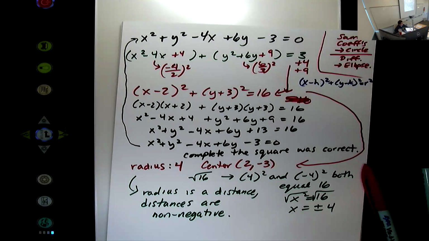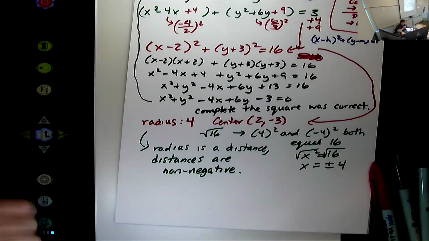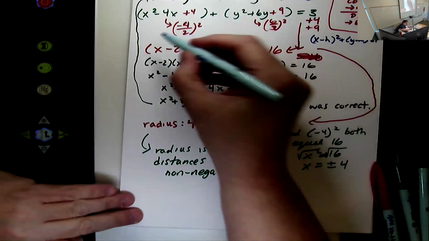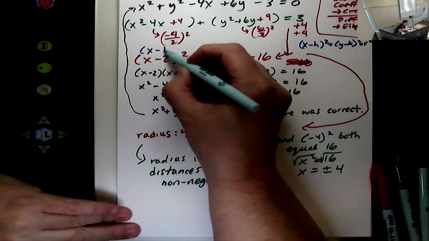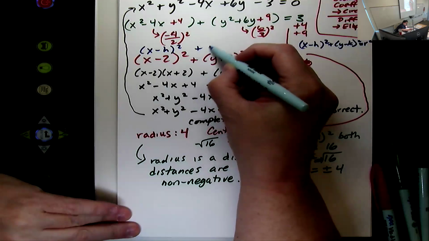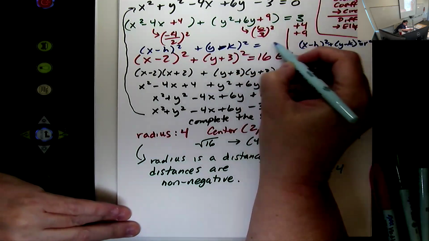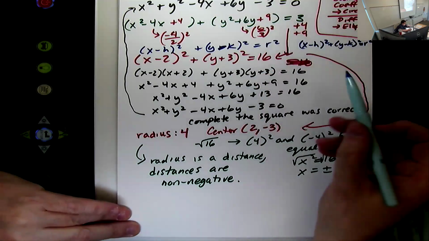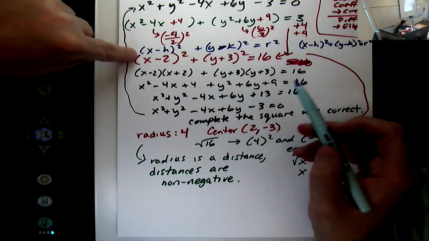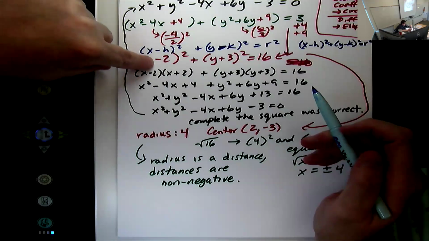Is that working for you, Lauren? Why do we have a 2 and a negative for this sign? That's a great question. Because if we compare the two, this is x minus h squared and y minus k squared. So one way of doing it is just remember it's the opposite sign.